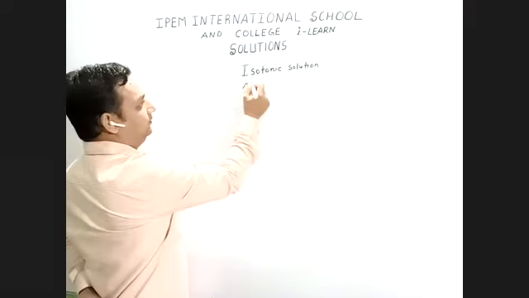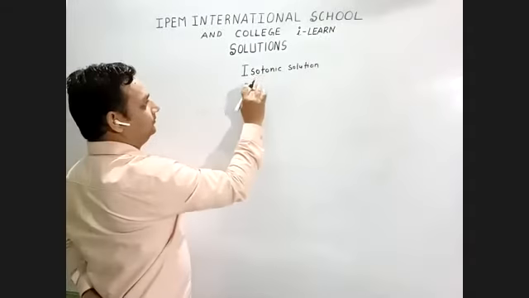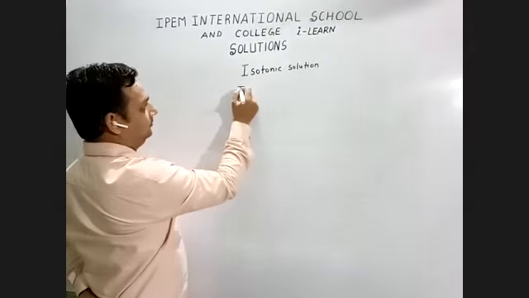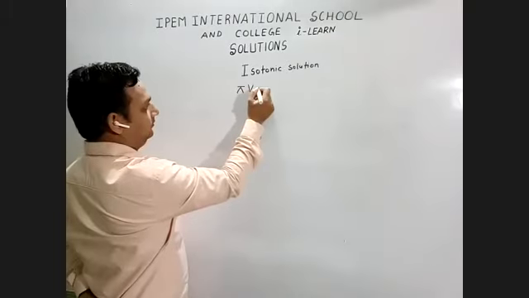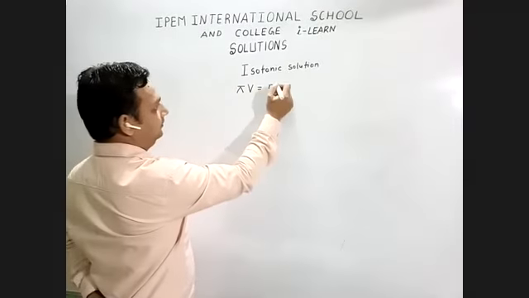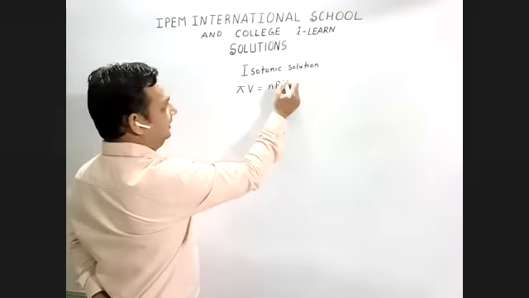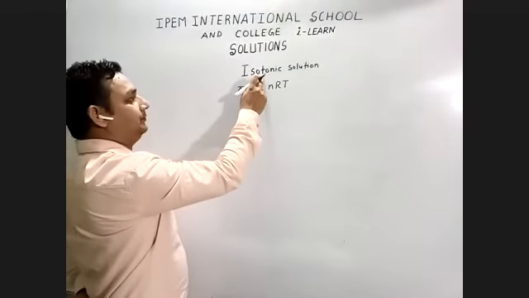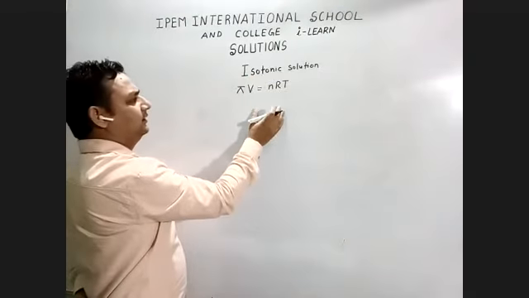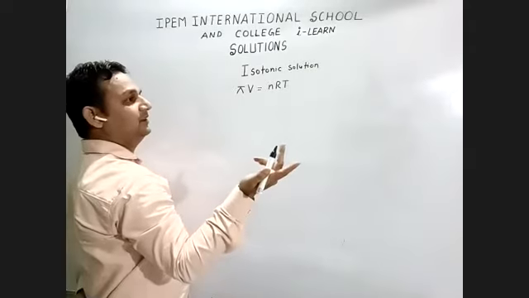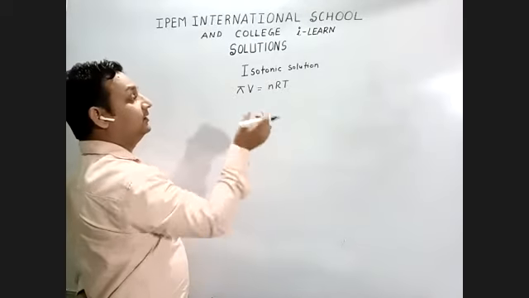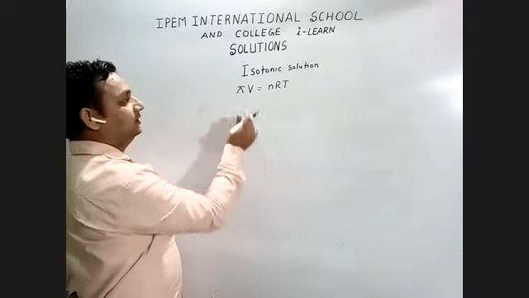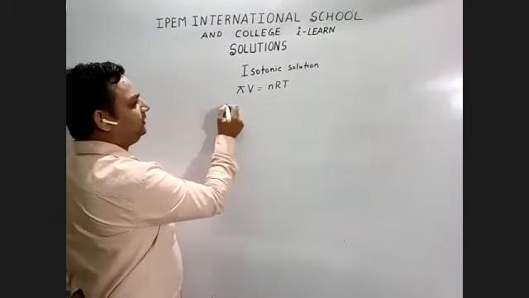Now, pi V is equal to nRT. Isotonic solutions mean two beakers having solutions at the same osmotic pressure. The concentrations are the same.